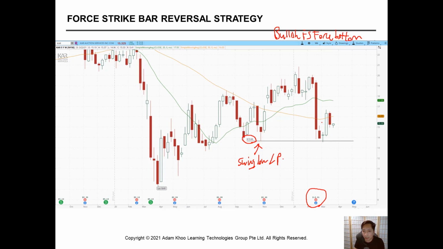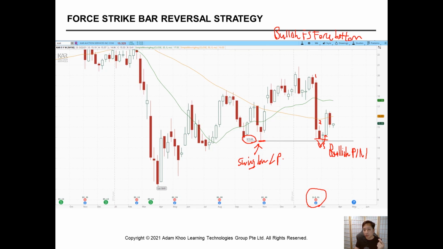So in this case, I know that this is number 1, number 2. Number 2 was a baby bar because it's within the range of the mother bar, so we have an inside bar formation. On the third bar, the bar goes below the mother bar low and also below $13.66, as you can see over here, the LP level, and also closes back within the mother bar range as a bullish pin bar.